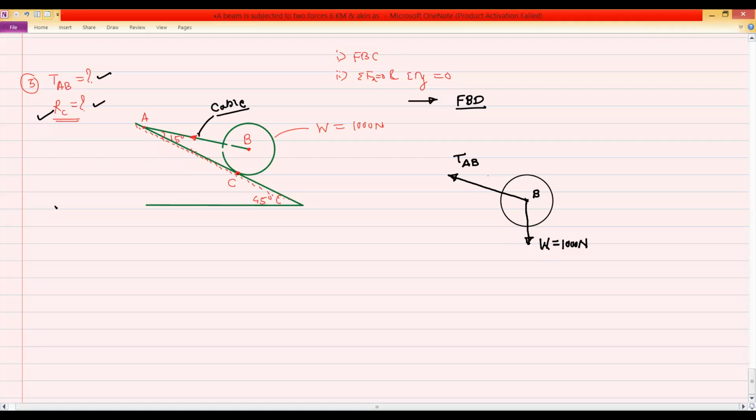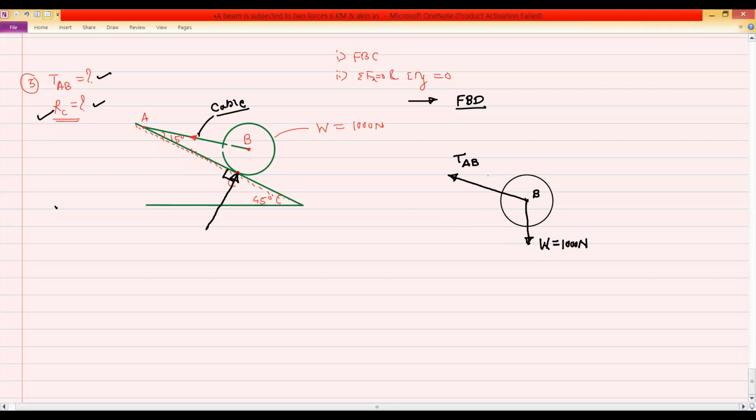And there is a reaction at point C. This is called a normal reaction. The normal reaction is perpendicular to this inclined surface, so this angle will be 90 degrees.